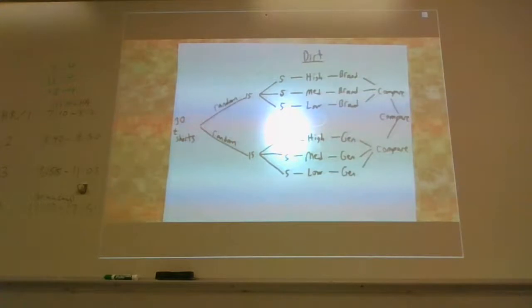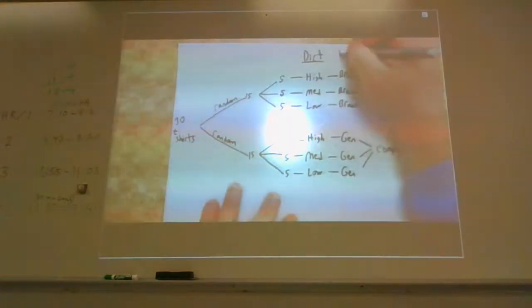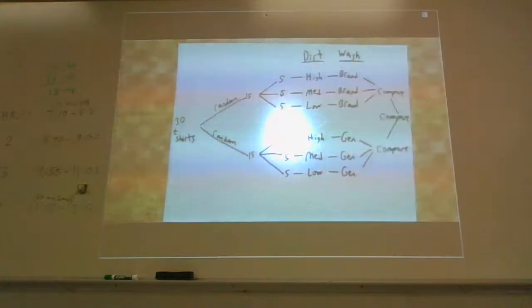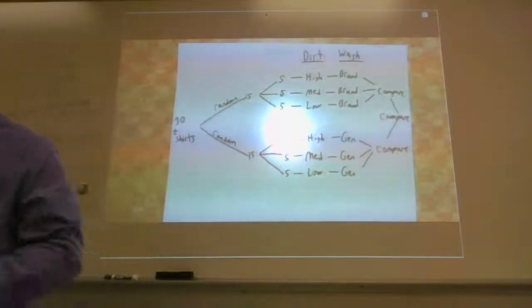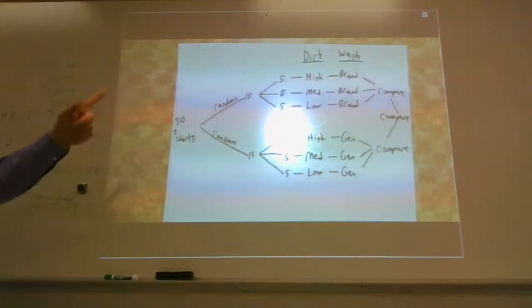No. 2. There are just 2. The 2 factors in question are dirt and washing machine. Those are the 2 variables, so to speak. A factor is a variable whose levels are controlled by the experiment. There are 2 factors to this experiment.